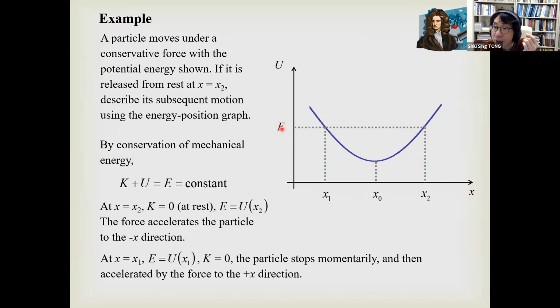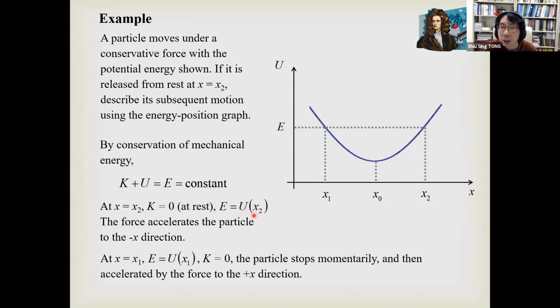The total energy E, the mechanical energy of the system, is equal to the potential energy U2, at x2. Because we now release the object at rest, so initially it does not have kinetic energy. But we know that the sum of the kinetic energy and the potential energy is conserved. So initially we have all the energy as the potential energy, which is U at x2.